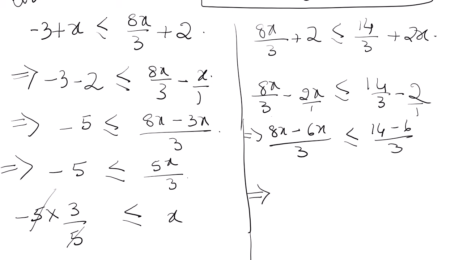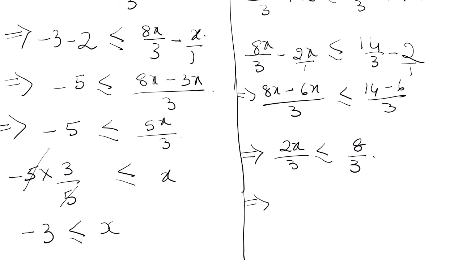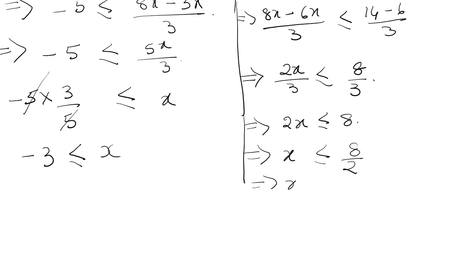So this implies 8x minus 6x is 2x. So 2x upon 3 is less than or equal to 14 minus 6 is 8 upon 3. So multiplying both sides by 3, you will get 2x is less than or equal to 8. So this implies x is less than or equal to 8 upon 2. So this implies x is less than or equal to 4.